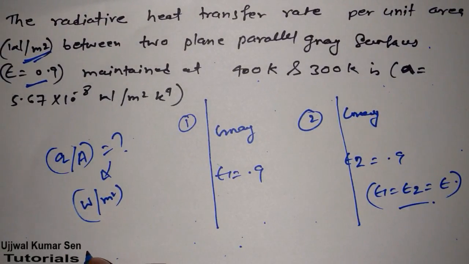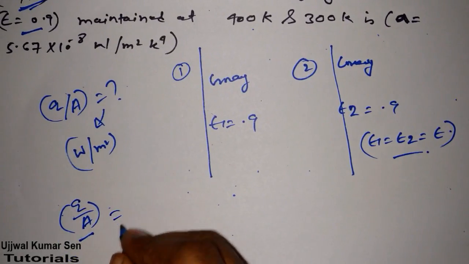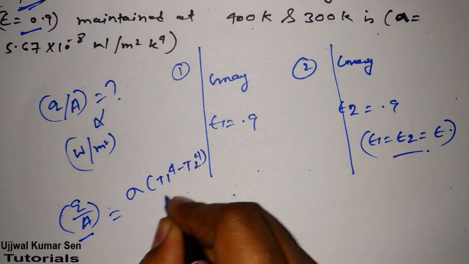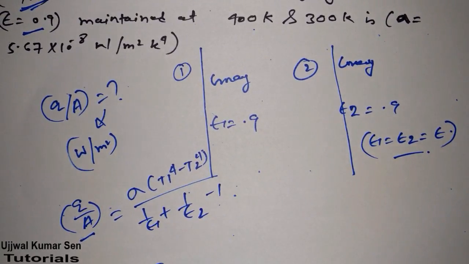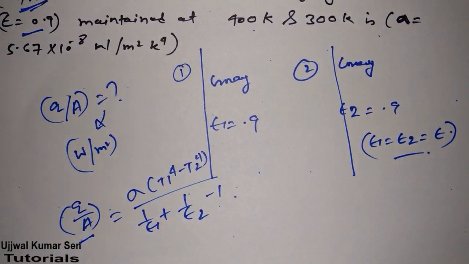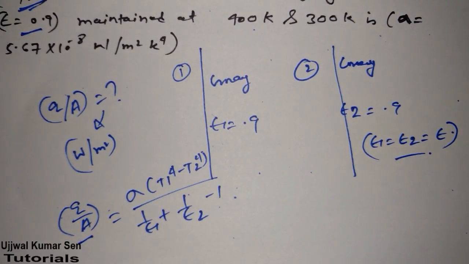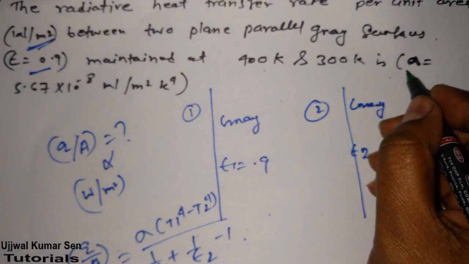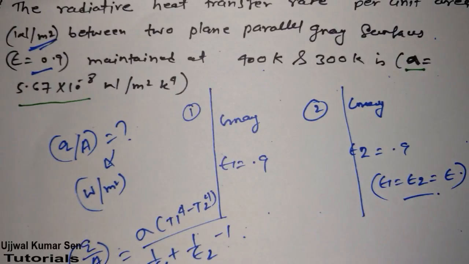Now what is given in the question? We have to find out Q by A, and we have the formula sigma (T1 to the power 4 minus T2 to the power 4) divided by (1 by epsilon 1 plus 1 by epsilon 2 minus 1). Now we just have to put the values given in the question into the formula. We are given the Stefan-Boltzmann constant sigma equal to 5.67 into 10 to the power minus 8.